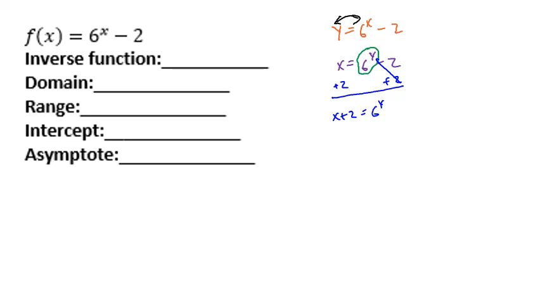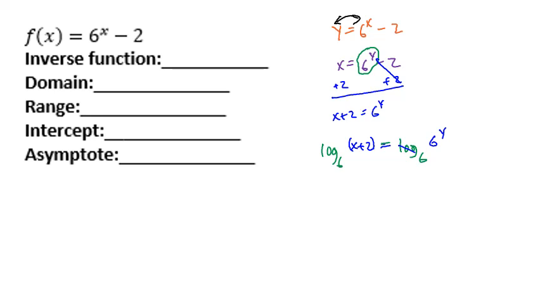From what we discussed before, we can apply a log of base 6 to both sides. So we do log base 6 of what's on the left side, which is x plus 2, and we do a log base 6 on the right side as well, to what's already there.